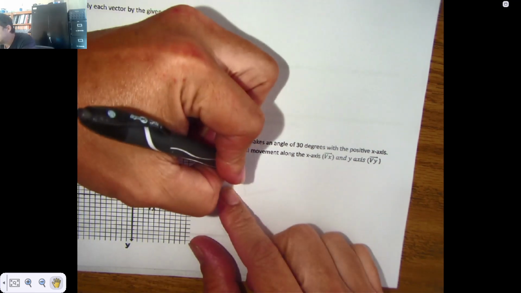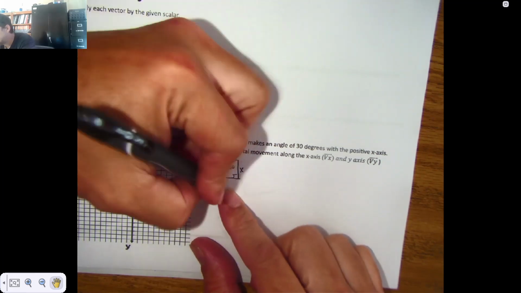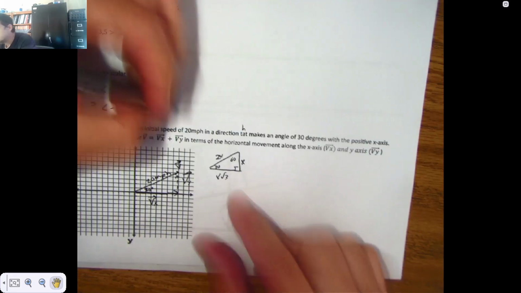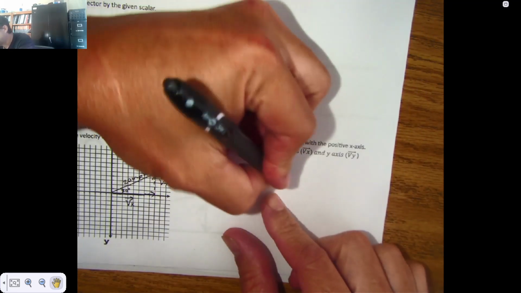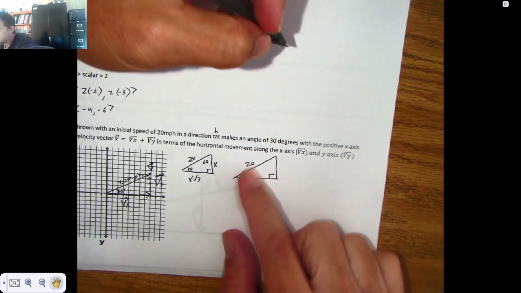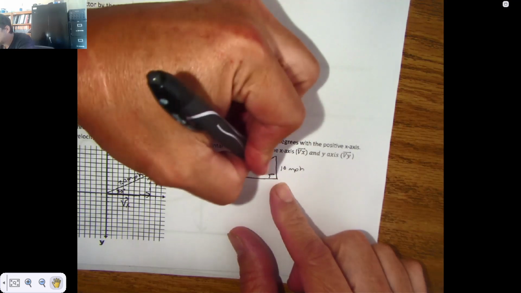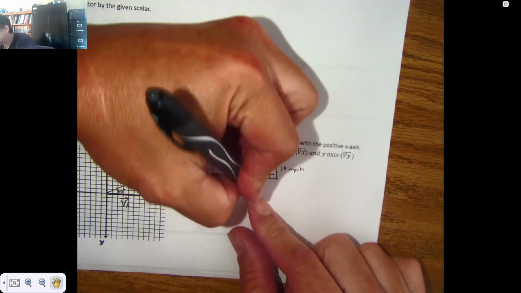In the 30-60-90 theorem, the short leg is x, the hypotenuse is twice that, and the long leg is x root 3. So let me take my little triangle here. It's got a 20. To get to the short leg, I half it. And to get to the long leg, I multiply it by root 3.